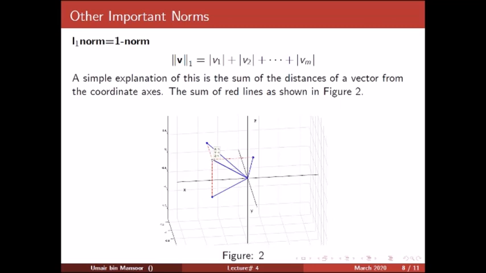So the thing that is coming in the next slides and the next lectures would be to find the vector having a minimum L1 norm. Similarly, we will find the vector with the minimum L2 norm. The smaller it is, the better the result would be. This is the basic idea behind the solution of systems of linear equations that we are going to see.